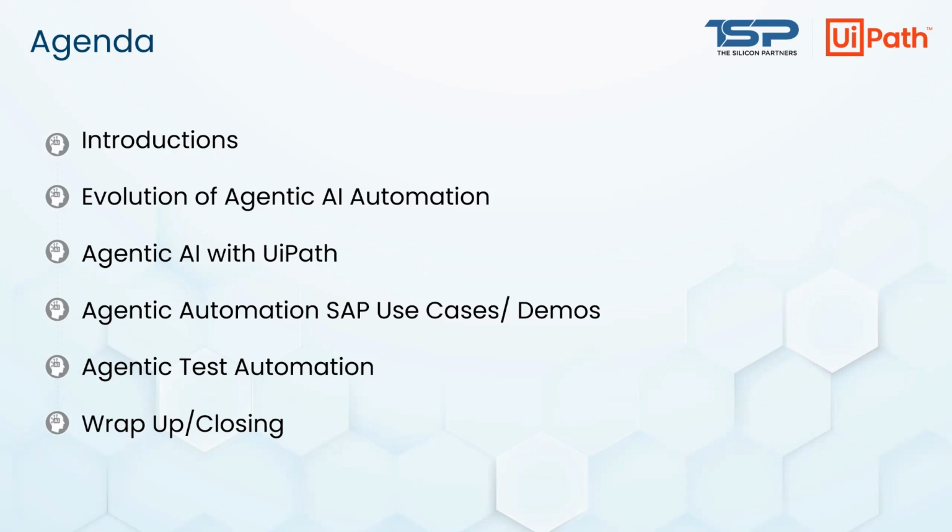Omar will go over agentic AI with UiPath, introducing the whole platform of agentic AI offered by UiPath. Then we'll switch over to some agentic SAP use case demonstrations, showing you how an agent, robot and human can collaborate together.